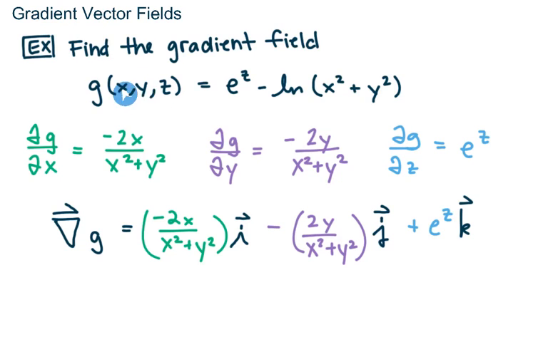So at any x, y, z point on this g, we could plug x, y, and z into this, and we would get a gradient vector.